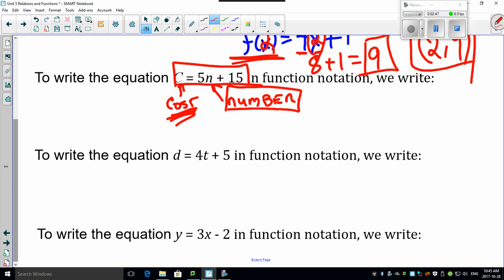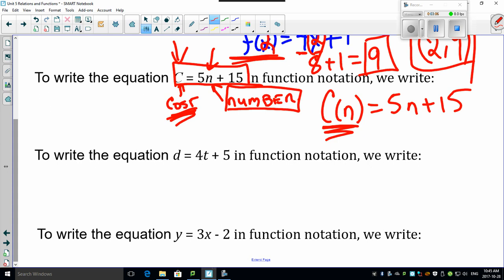And the number you buy is independent. So this is your independent variable, and this is your dependent variable. Cost depends on the number that you buy, which means this is a function.